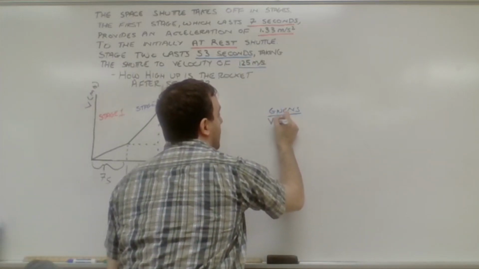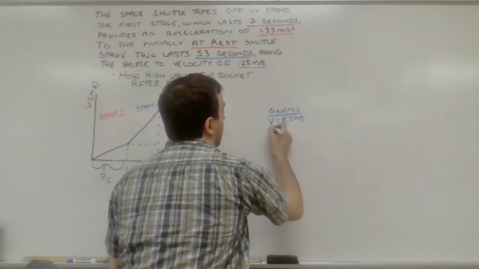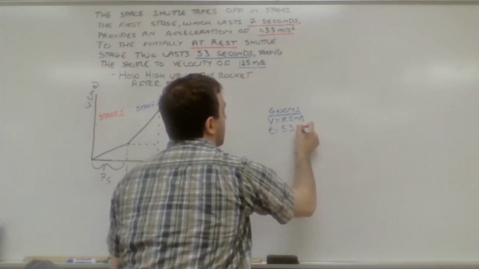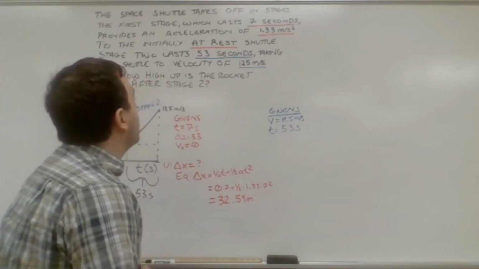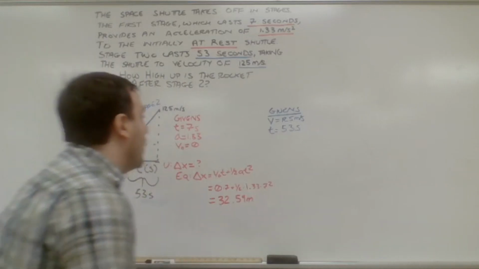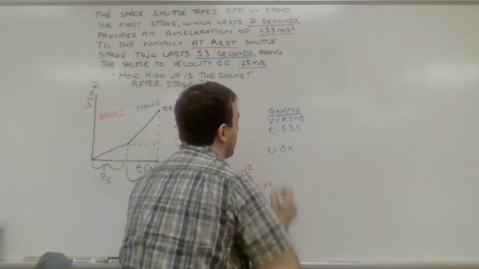So v equals 125. T equals 53 seconds. And what I'm looking for is how far. So my unknown, in this case, is delta x.